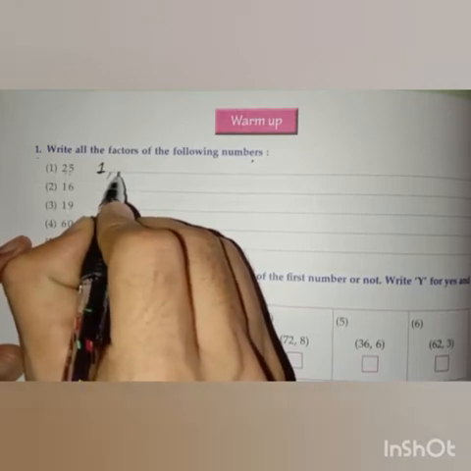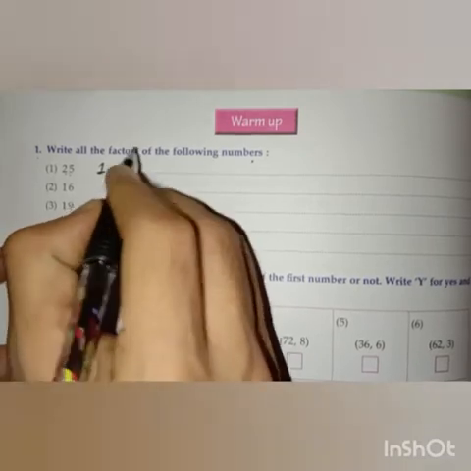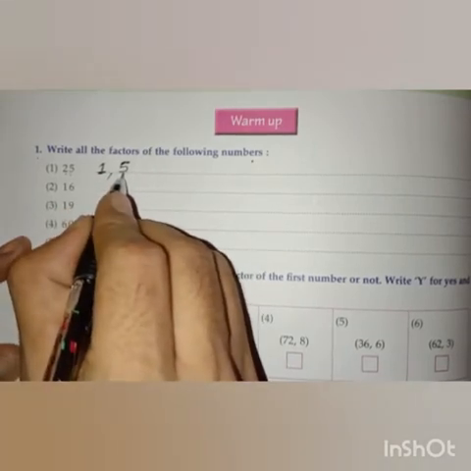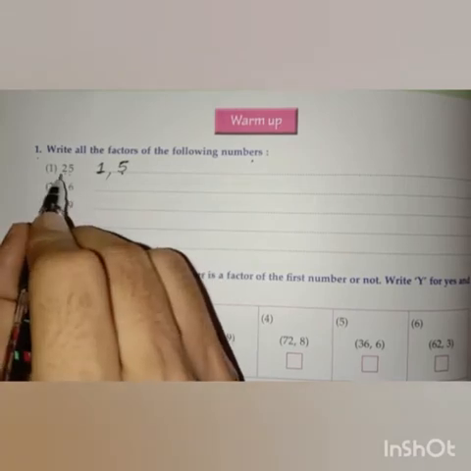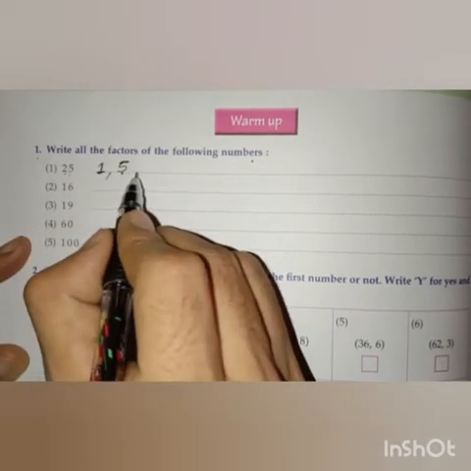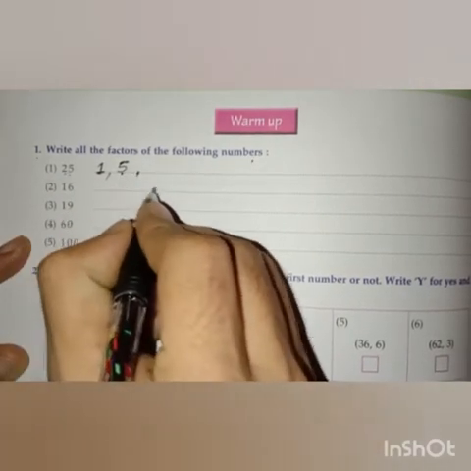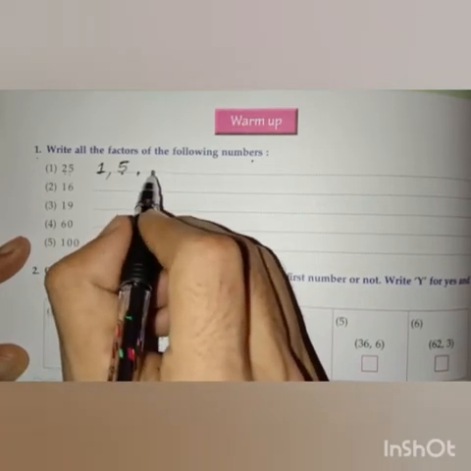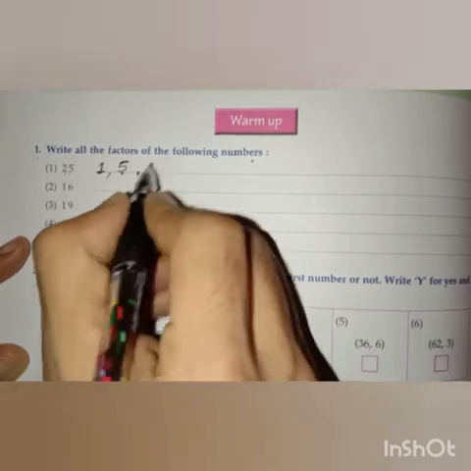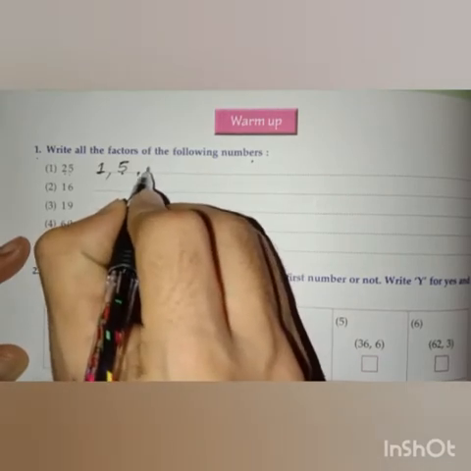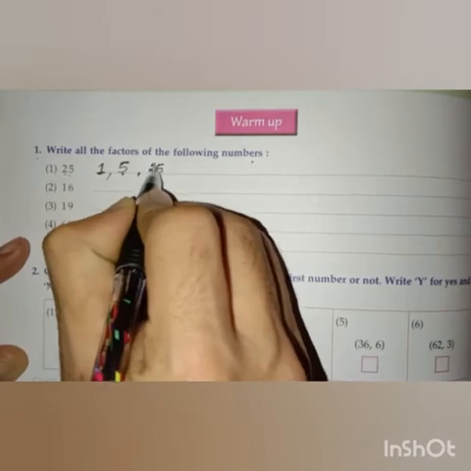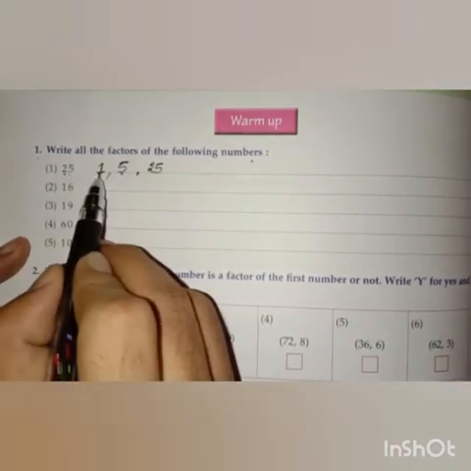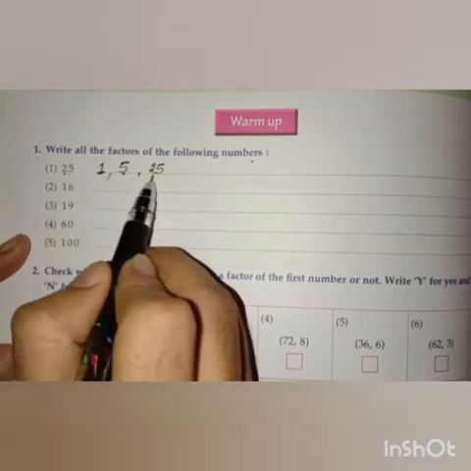From 5, yes, it is divisible, 5 fives are 25. From 6, 7, 8, 9 it is not divisible. The last number is 25 itself. So 25 is divisible by only 1, 5 and 25.